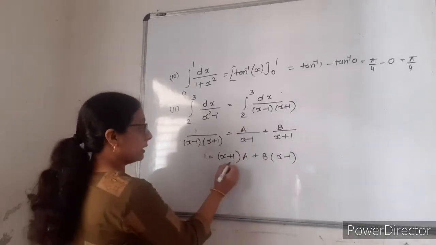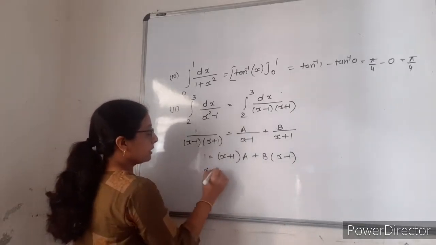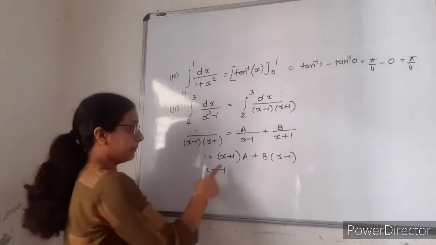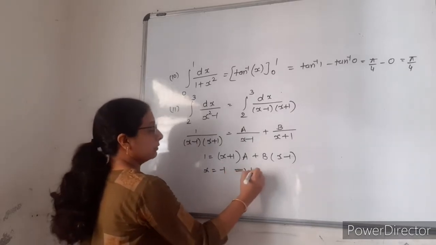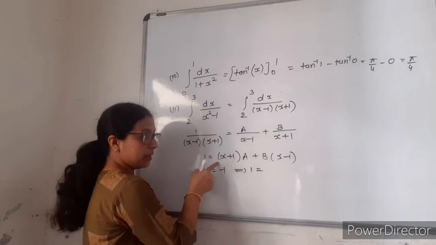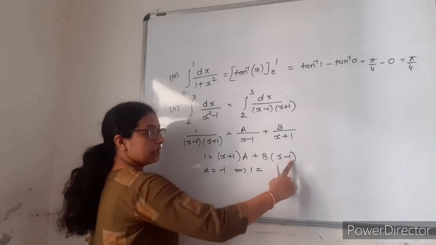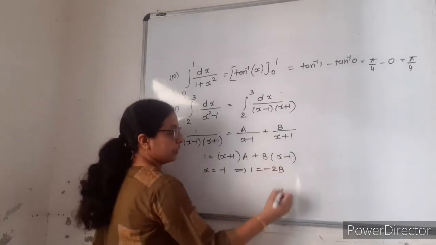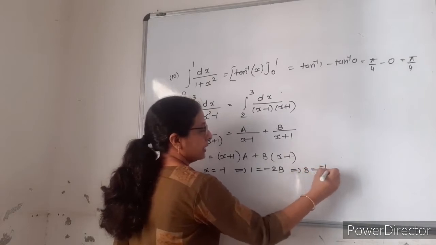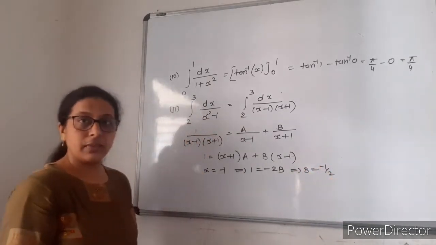Now if you take x equal to minus 1, 1 is equal to, this term will become 0, minus 1 minus 2B. So B is equal to minus 1 by 2.